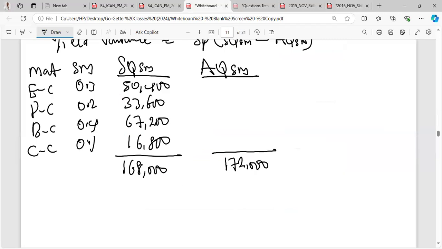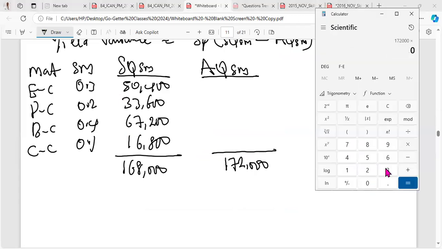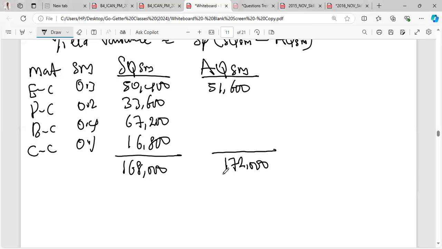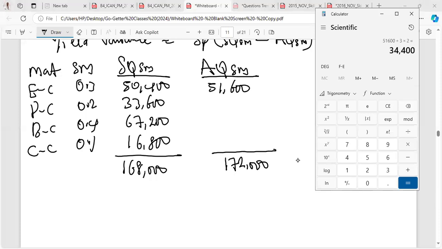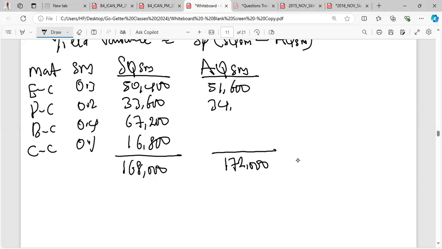172 times 0.3 will give me 51,600. If I divide by 3 and multiply by 2, I'm getting 0.2 here, which is 34,400. So 0.2 multiplied by 172 will give you this.